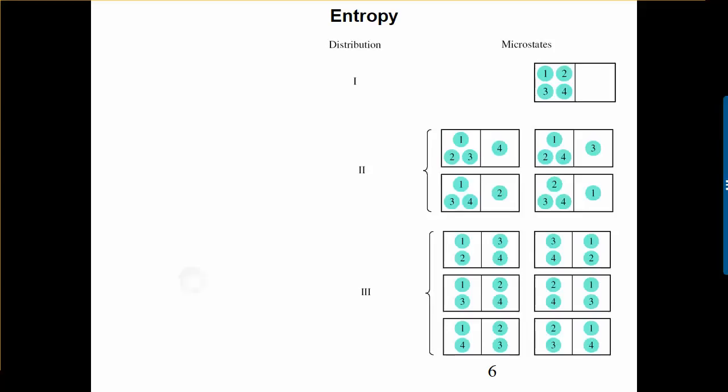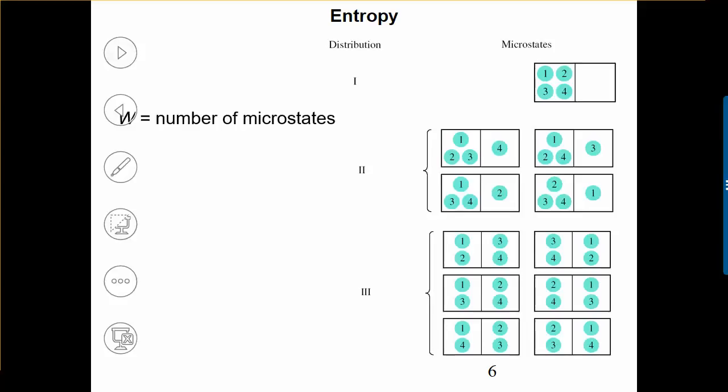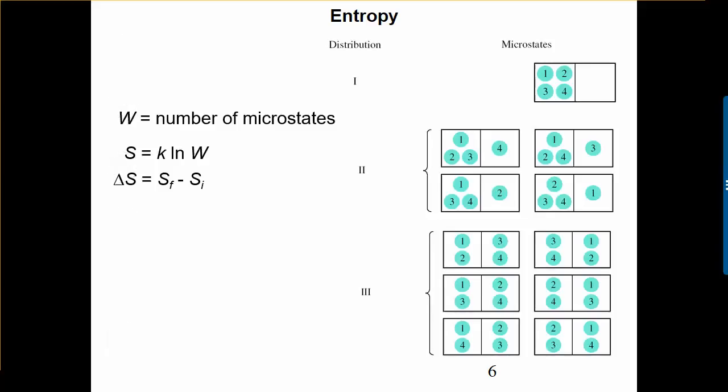So this is something that you luckily do not have to calculate, using the microstates, which is W, the number of microstates. But if you did know W, you took the natural log of that times K, you could find the change in the delta S.